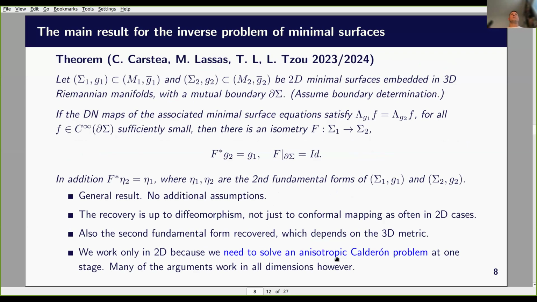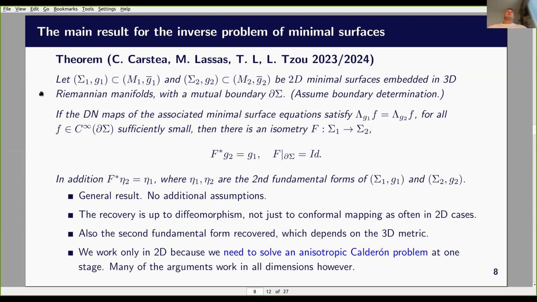So the first main result about the inverse problem for minimal surfaces goes as follows. It's a result by Katalin, Karsten, Matti Lassas, me, and Leo Zhou. One of these papers is from 2023, and the second should be out soon. Combining these works, we have the following.